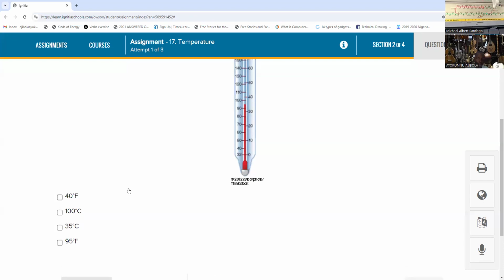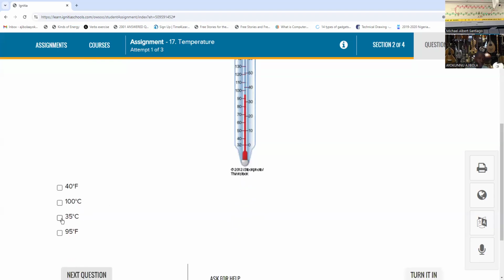We say 100 degrees Celsius, that's also wrong. 35 degrees Celsius, we might be right. And 95 degrees Fahrenheit, we might also be right. So let us check the conversion: 95 minus 32 is 63, then times 0.5556, that's 35. So they are both correct, okay?